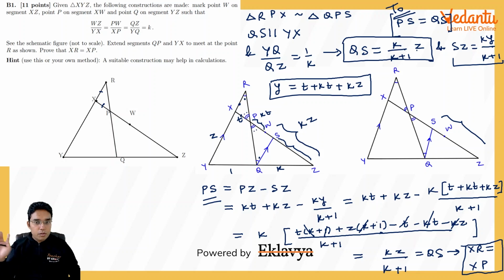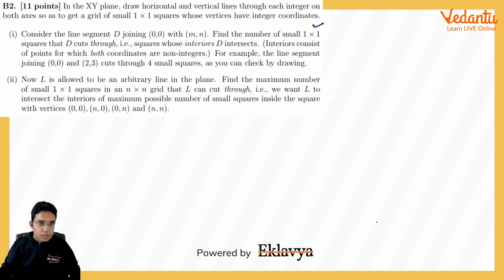Okay, now coming to next question, which says in the xy plane draw horizontal and vertical lines through each integer on both axes so as to get a grid of small 1 into 1 squares whose vertices have integer coordinates, like 0, 1, 1, 3 and so on. Consider a line segment D joining 0, 0 with m, n.